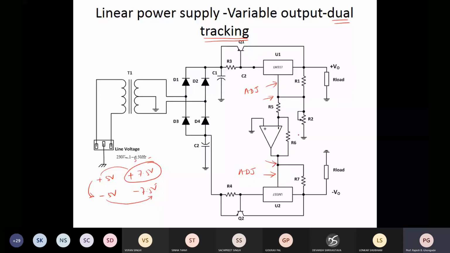So the moment I change this, this voltage also changes correspondingly, but in the negative way, and I will get the change in the output voltage. You study this circuit for a little while and see if you understand this properly. Of course, for that, your concept of 3-terminal regulators has to be very, very concrete.